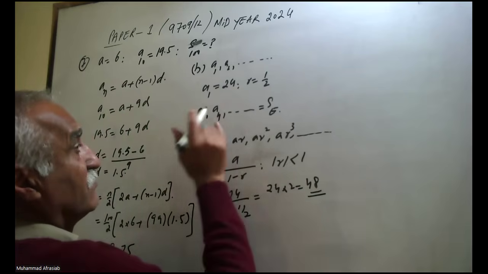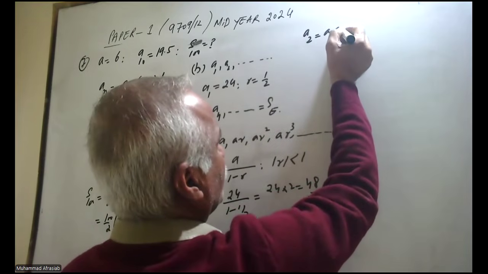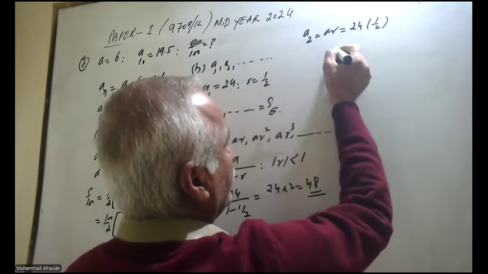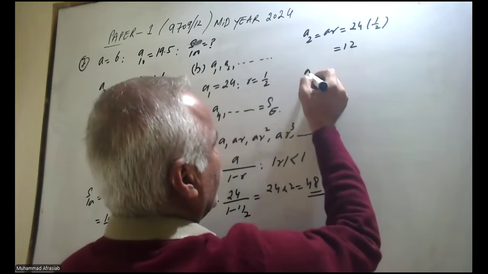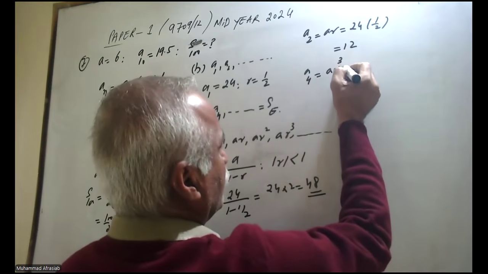But for the even terms, a2 is equal to ar, so that is 24 into half, which is 12. a4 is ar cubed.